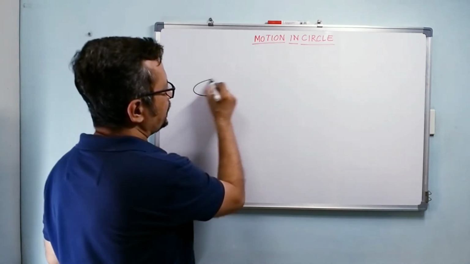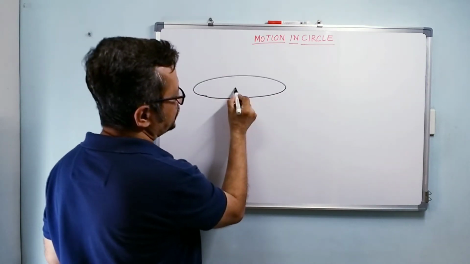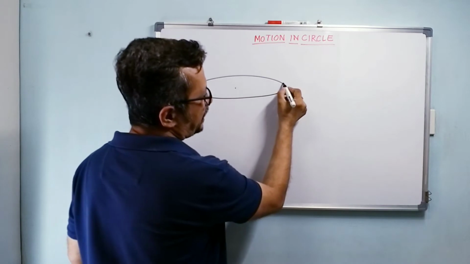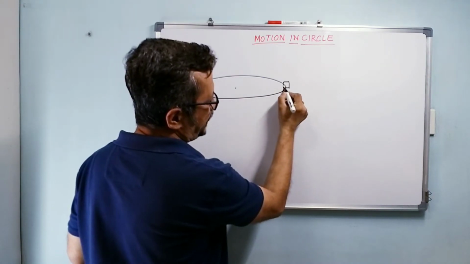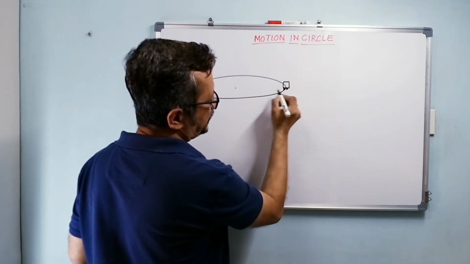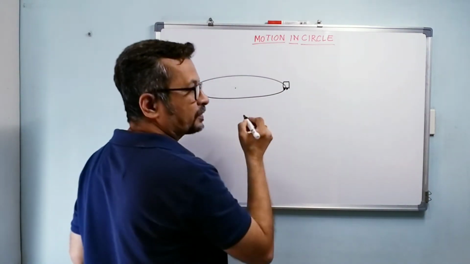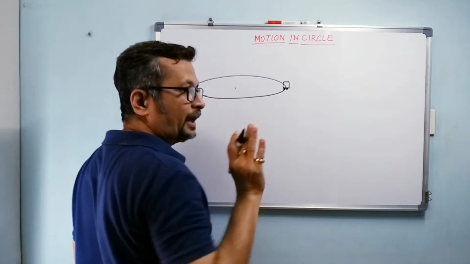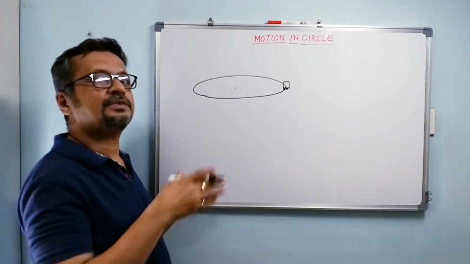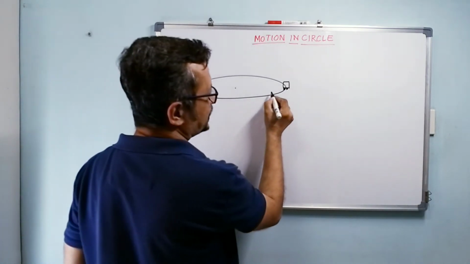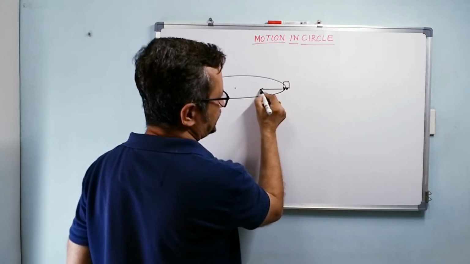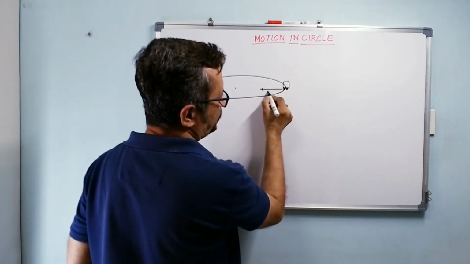So I have this circular road here, and my car is here, and these wheels are experiencing some friction. In absence of friction, the car would skid. So that means the friction has to act in this direction, force of friction.